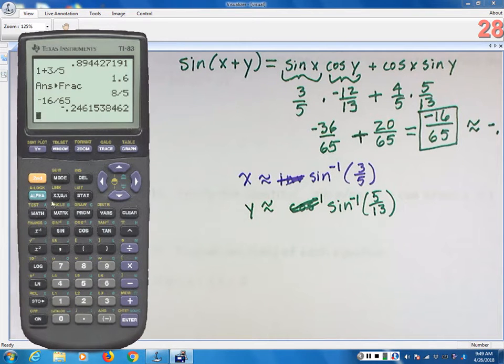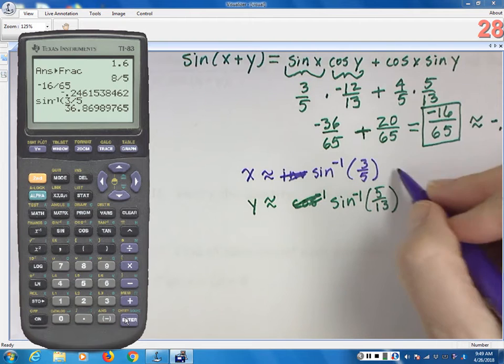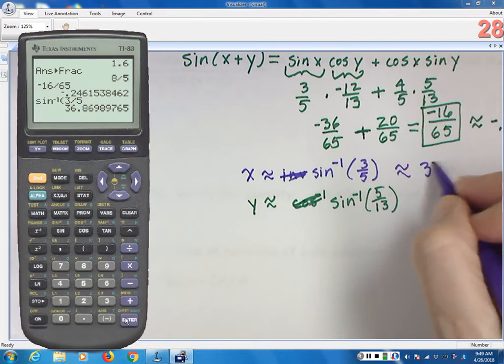Okay, we're checking. Inverse sine of 3/5. That's about 37 degrees, but I got it in degree mode.